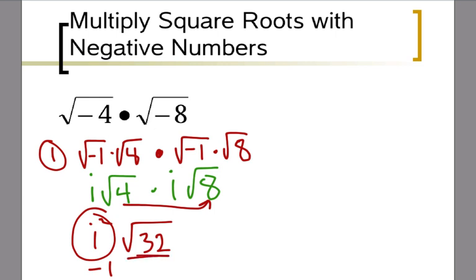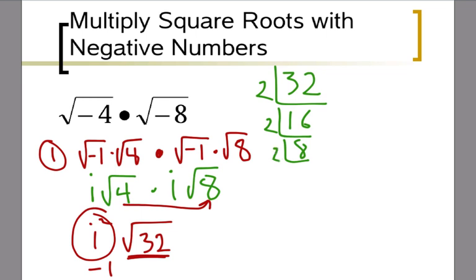And then here we need to hockey stick the 32. And that would be 2, 16, 2, 8, 2, 4, 2, 2. So then that means I can pull out two groups of 2, and you're left with 1, 2.